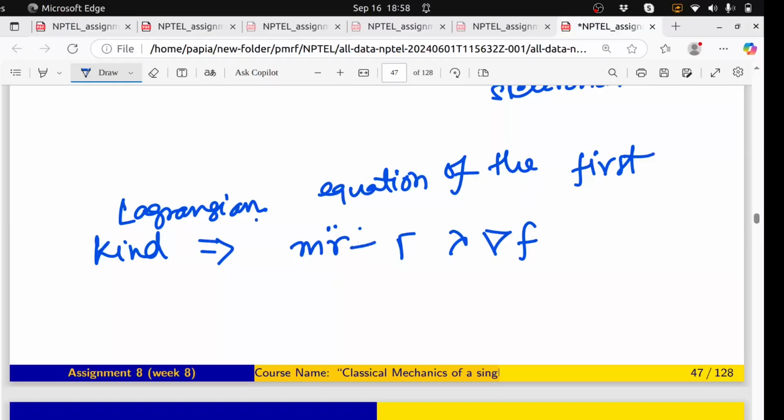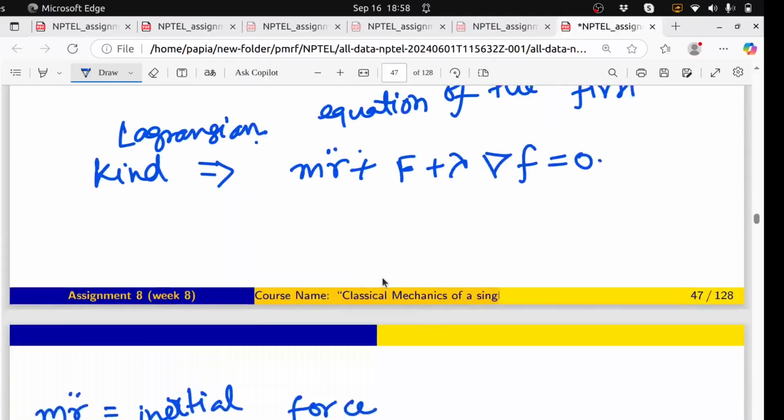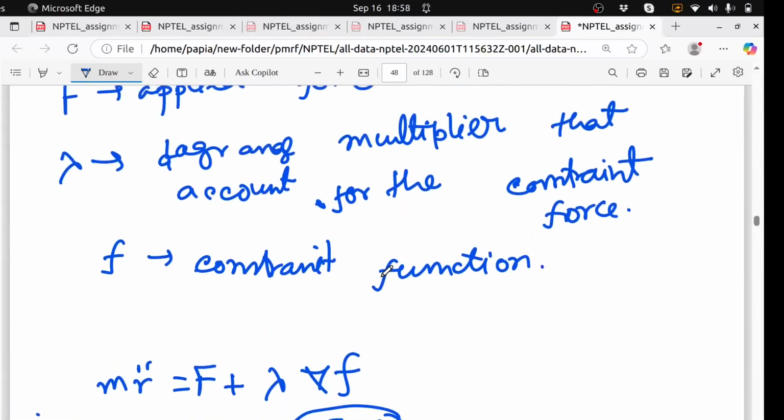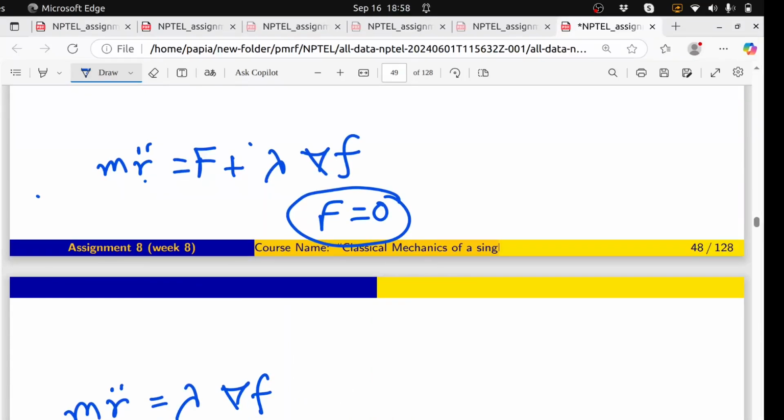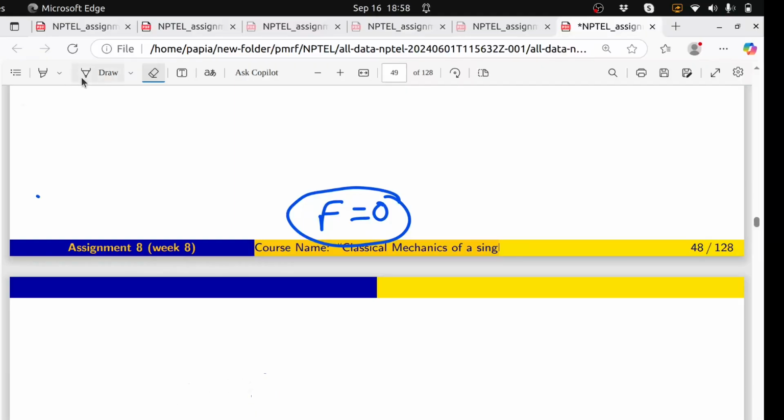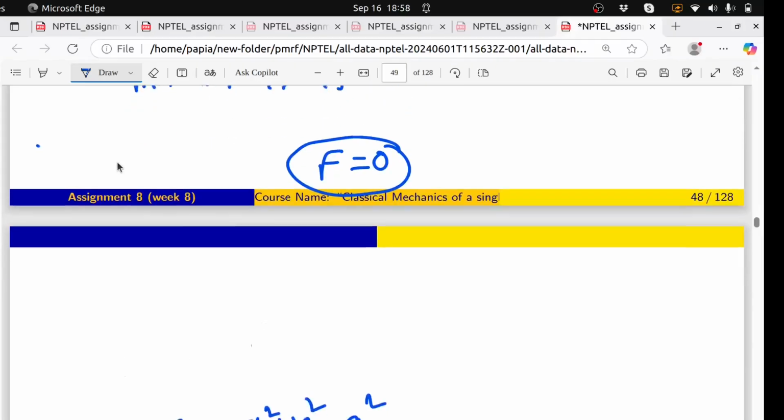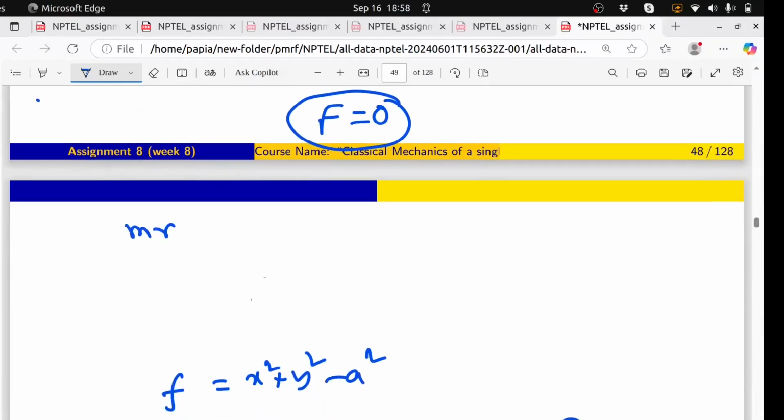It is m r double dot plus F plus lambda grad f equals 0. From this case I can see that as F equals 0, this equation will be in this form: m r double dot plus F plus lambda grad f equals 0, and as F equals 0, m r double dot plus lambda grad f equals 0.